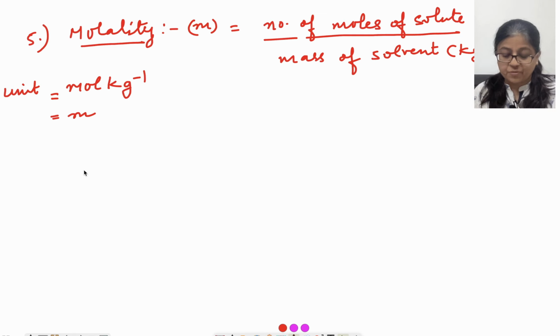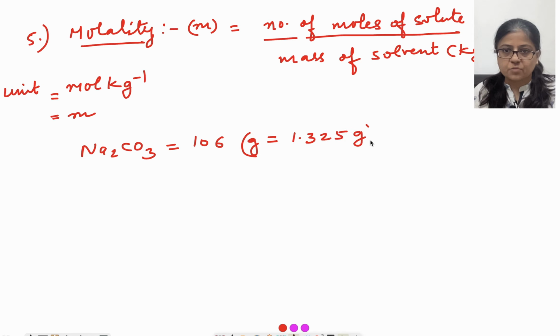Take the example of anhydrous sodium carbonate, Na2CO3, which has a molecular mass of 106. The mass of the solute is taken as 1.325 gram.